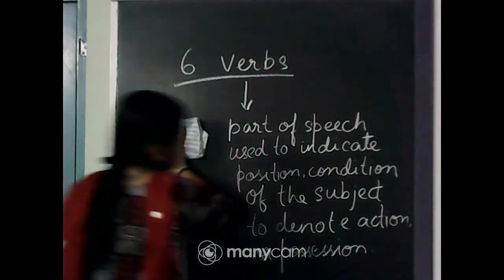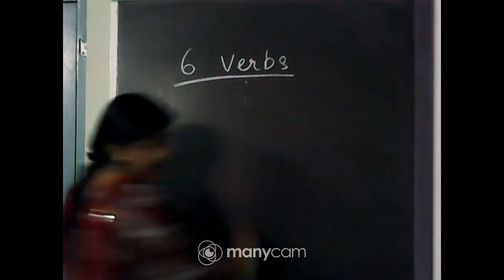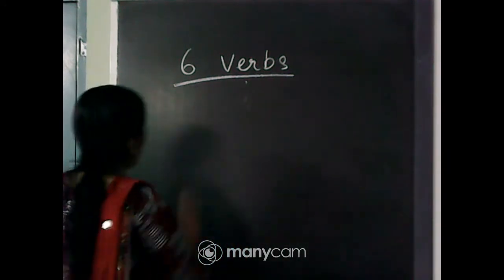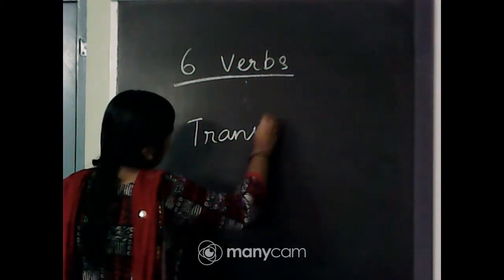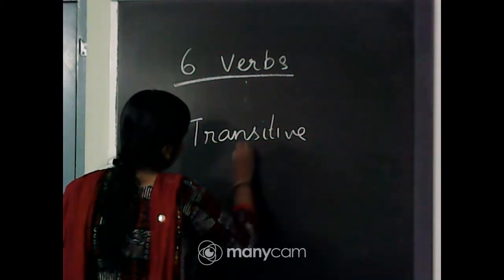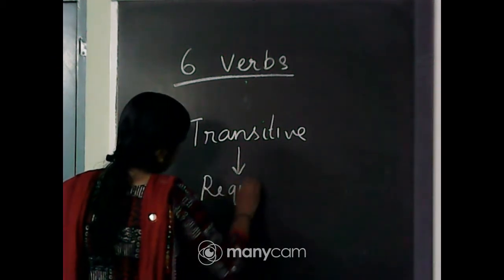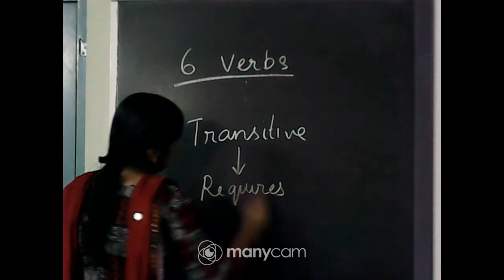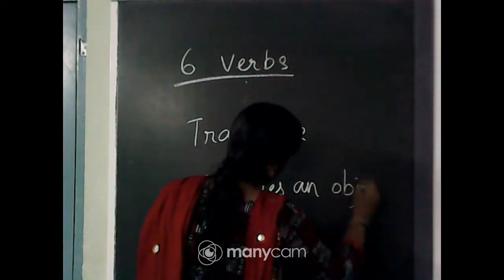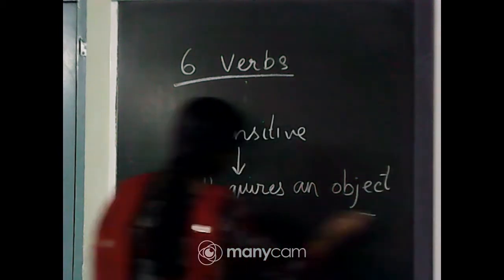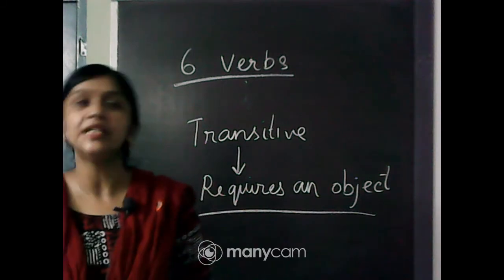Let us start with transitive verbs. Transitive verbs are verbs which require an object to complete its meaning or to denote the action of the verb. It requires an object to complete its meaning.